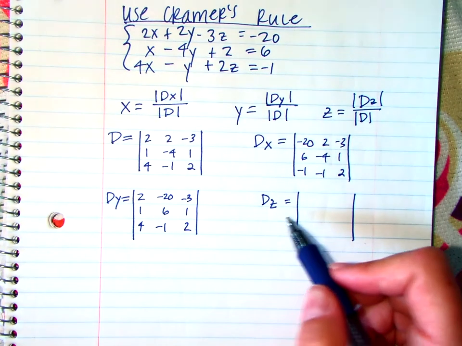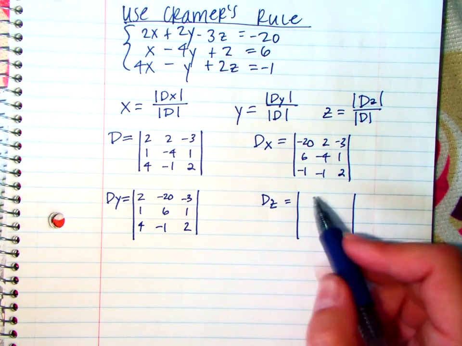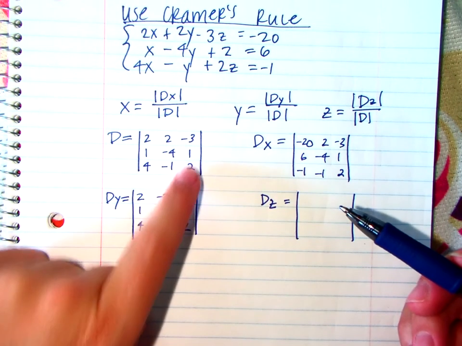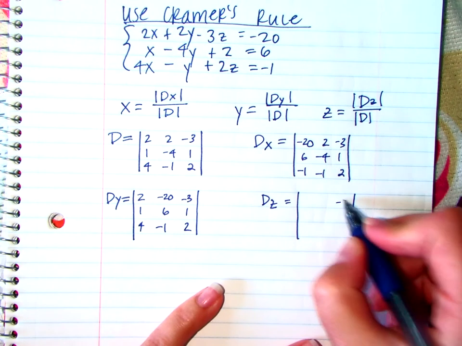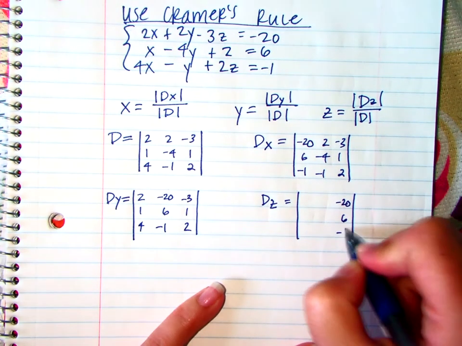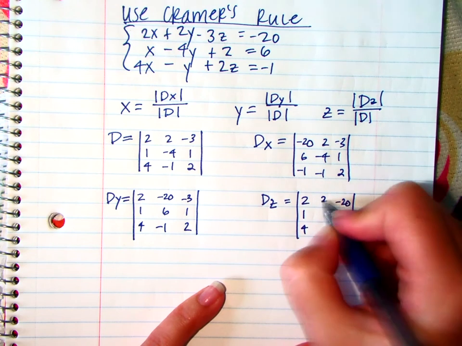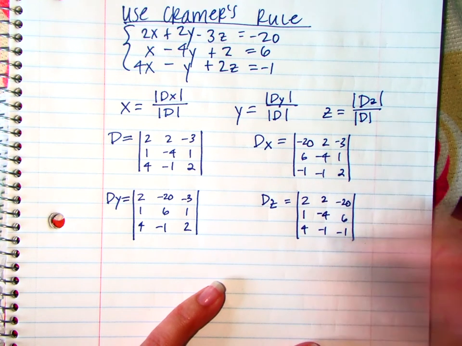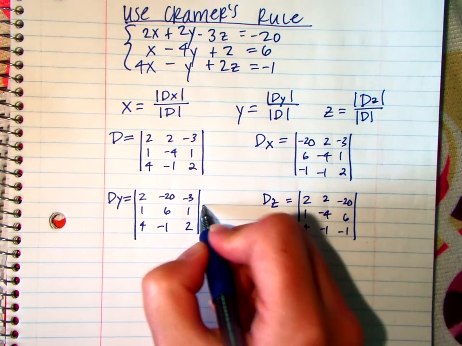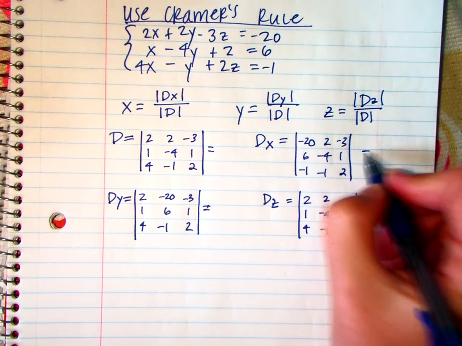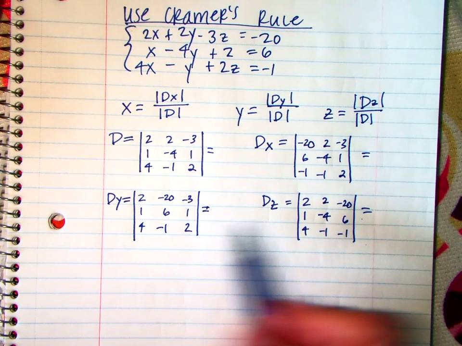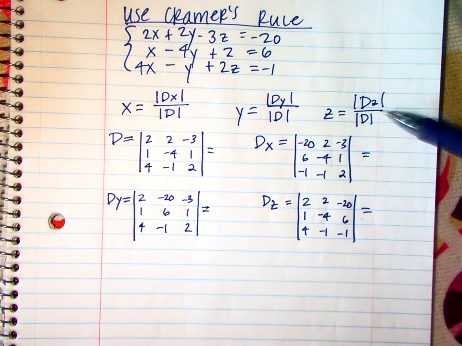So finally, I need to build this one for z. So now, instead of using -3, 1, and 2, I'm going to replace that with -20, 6, and -1. So now x and y, those two columns, stay the same. And now I just need to know what these are equal to. Because once I find the determinant of these, I'm going to use them up here in these equations.